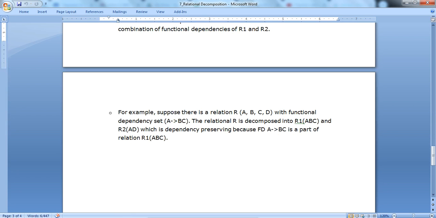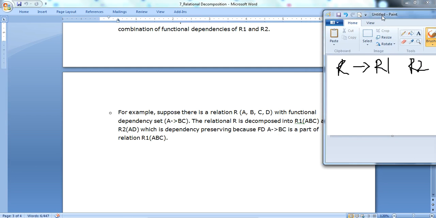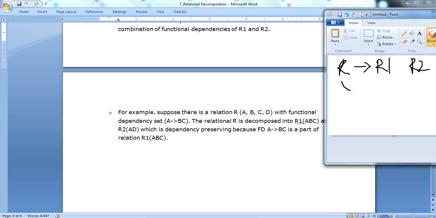For example, we will go with a simple example. We have one relation R containing A, B, C and D, right? It's a relation with the functional dependency set A determines B, C. Now the relation R is decomposed into R1 and R2.